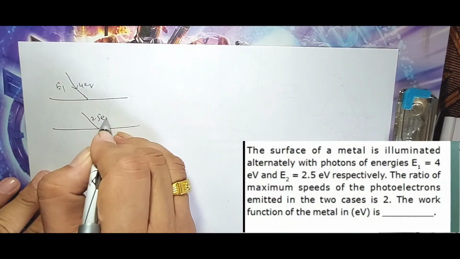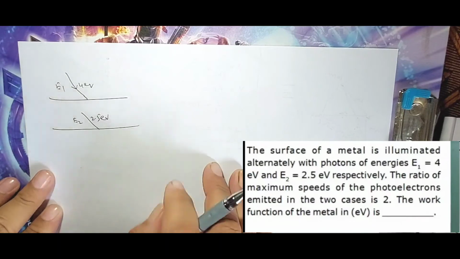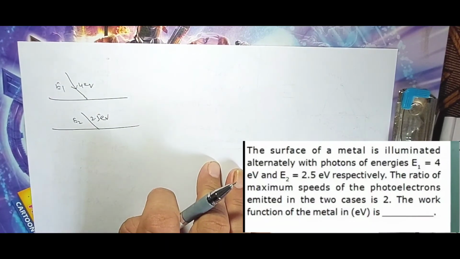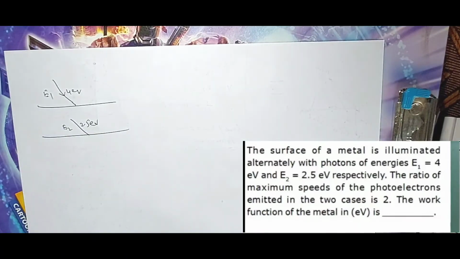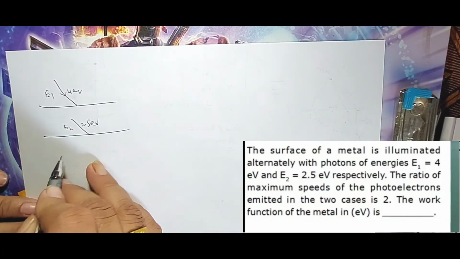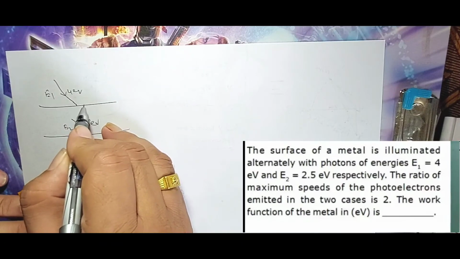The ratio of maximum speeds of the photoelectrons emitted in the two cases is 2. The work function of the metal is dash electron volts. So this is E1 and this is E2.